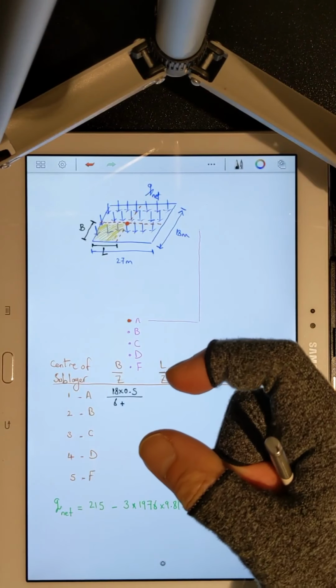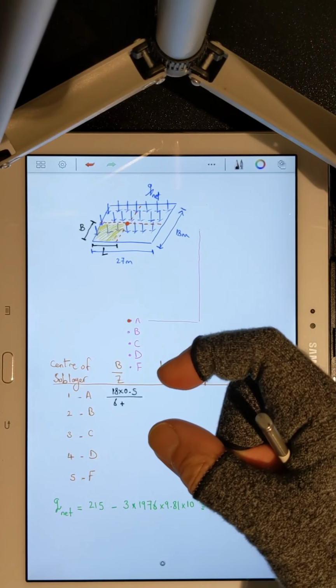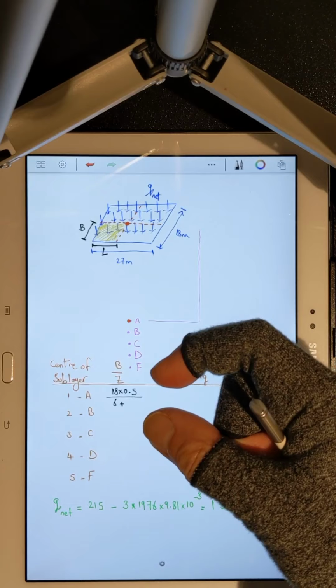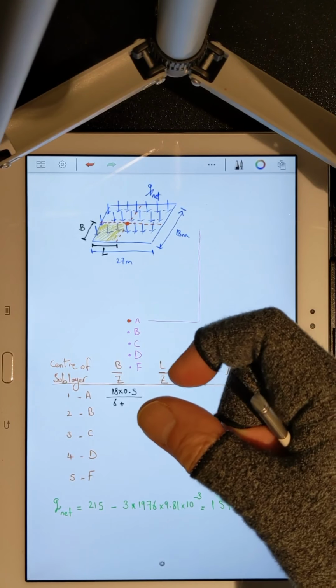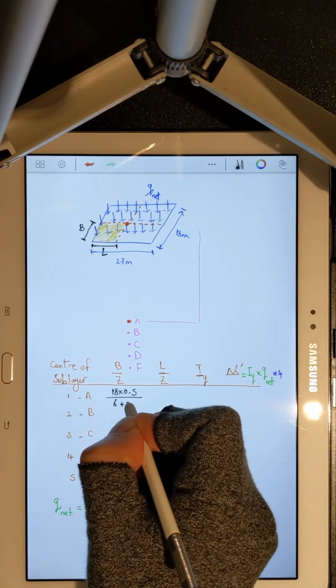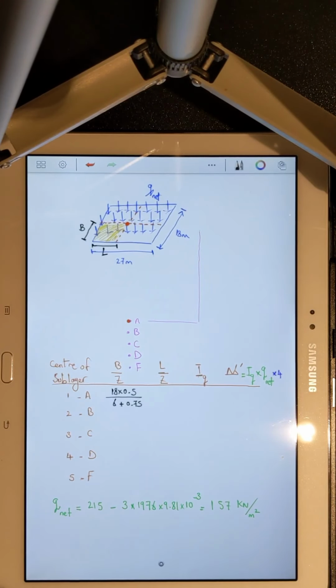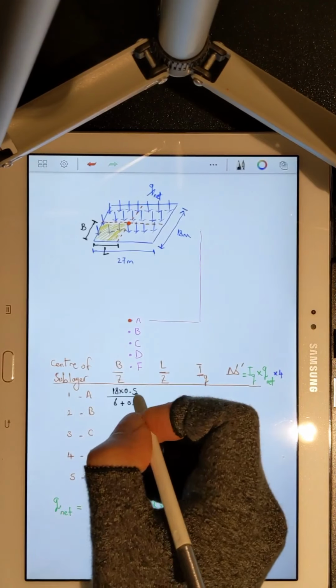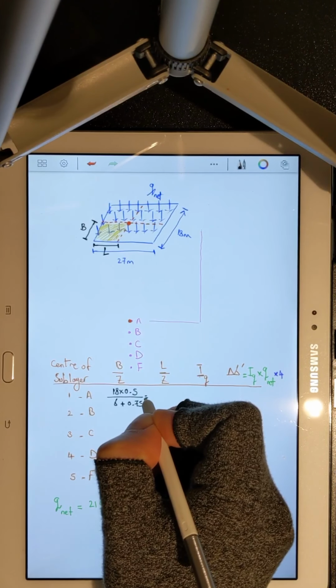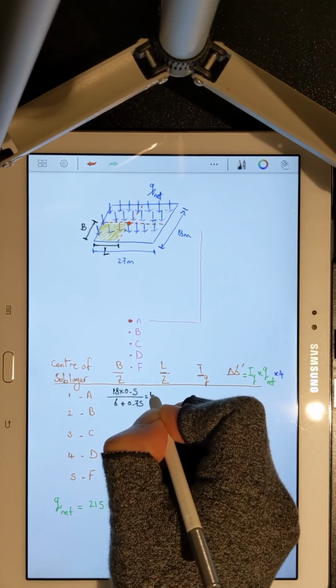Each sublayer is 1.5 meters, so the middle of each sublayer is 0.75. So 6 plus 0.75. You can look into your diagram and see where this number is coming from. Now this is equal to 1.33.